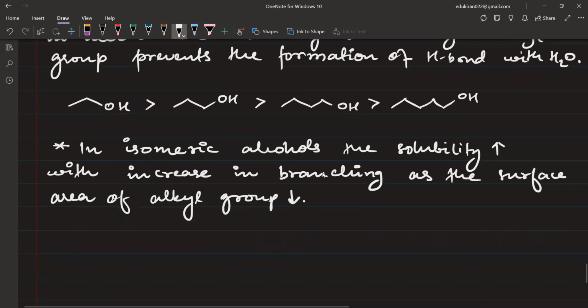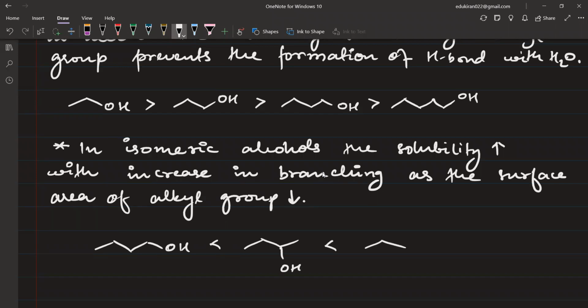So if I take the example of butanol, this butanol will have lower solubility than butan-2-ol, and it will have even lower solubility than tertiary butyl alcohol.